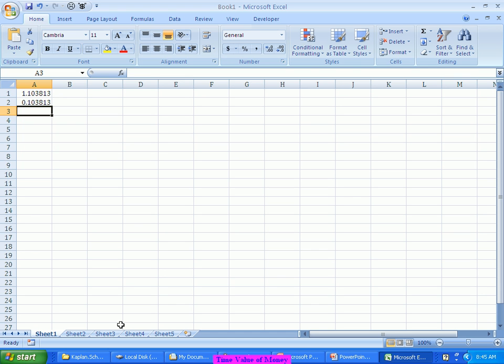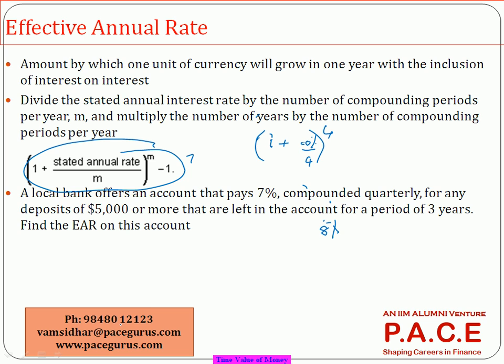So the effective annual rate is nothing but that particular rate which is equivalent to the stated rate of interest with this compounding frequency. So in effect, you are getting a 10.38% return. You are not getting a 10% return. The 10% is from a bank quotation standpoint, but in reality, you are getting 10.38%.